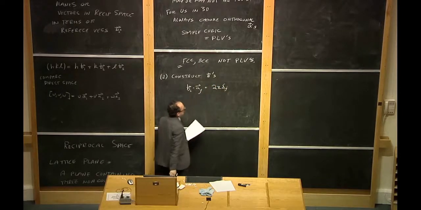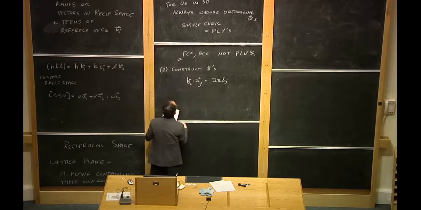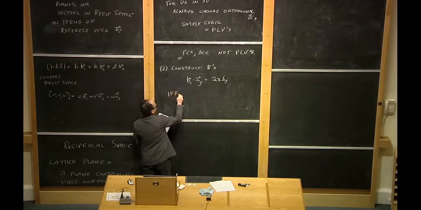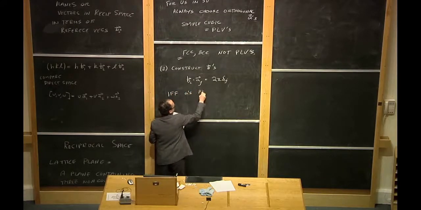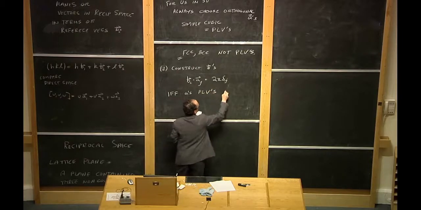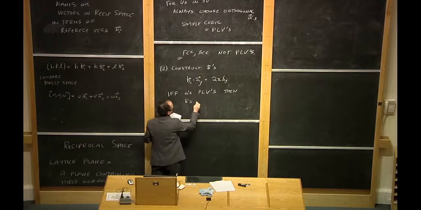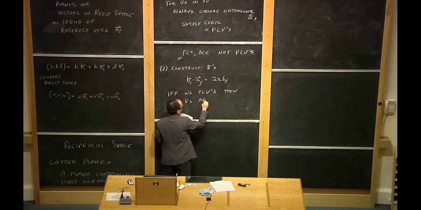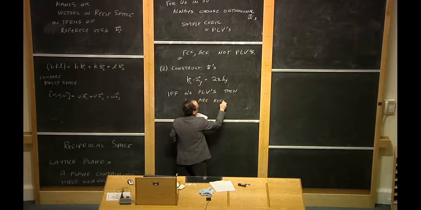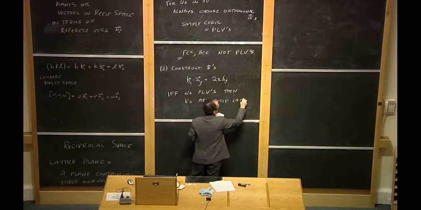We've seen this equation before. If and only if the A's are PLVs, then the B's will be reciprocal primitive lattice vectors.